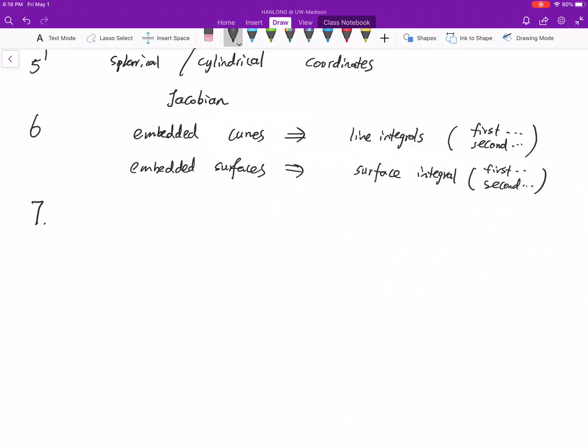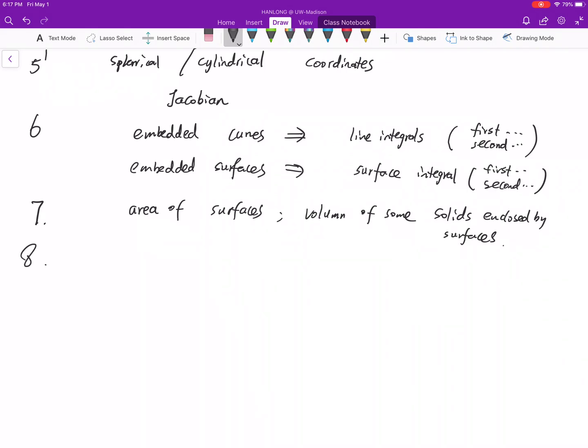And some easy application is you can compute the area of some surfaces, okay, and some volume of some solid enclosed by surfaces.